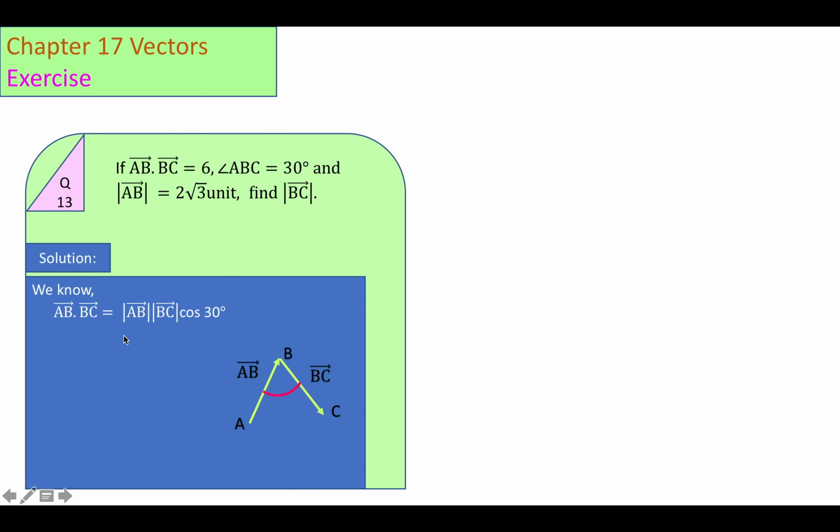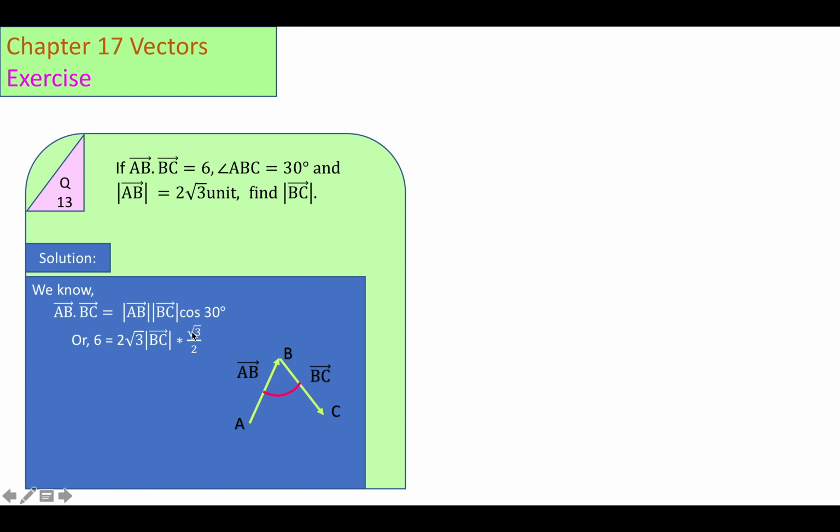Then we can write vector AB into vector BC equals magnitude of vector AB into magnitude of vector BC into cos 30 degrees. We are given vector AB into vector BC equals 6, so we replace that value: equals magnitude of vector AB, which is 2 root 3, into magnitude of vector BC as it is, into cos 30 degrees, whose value is root 3 by 2.